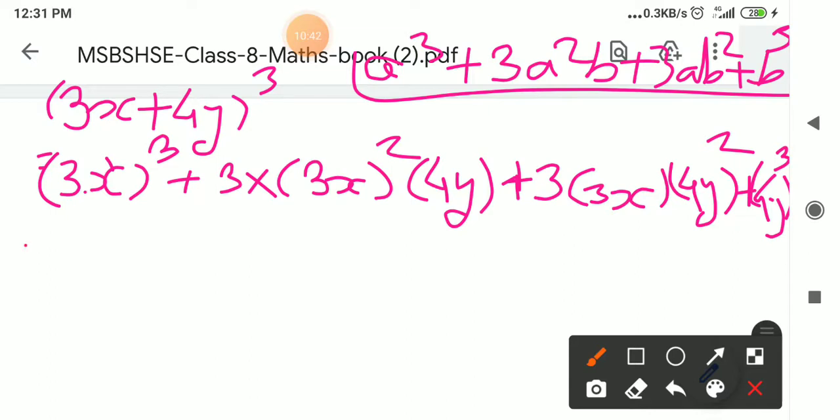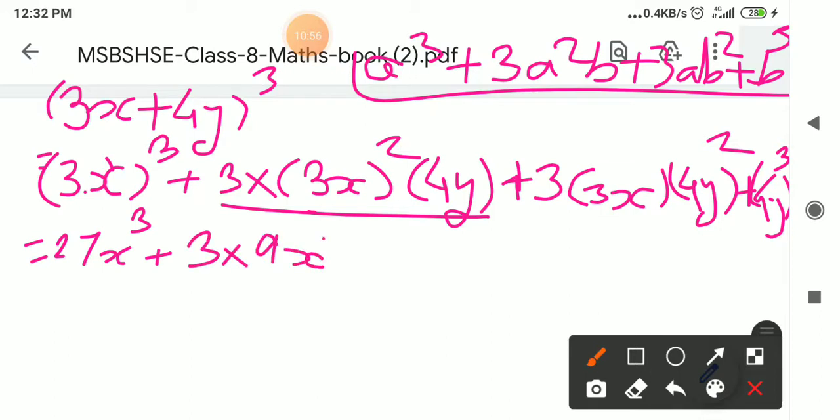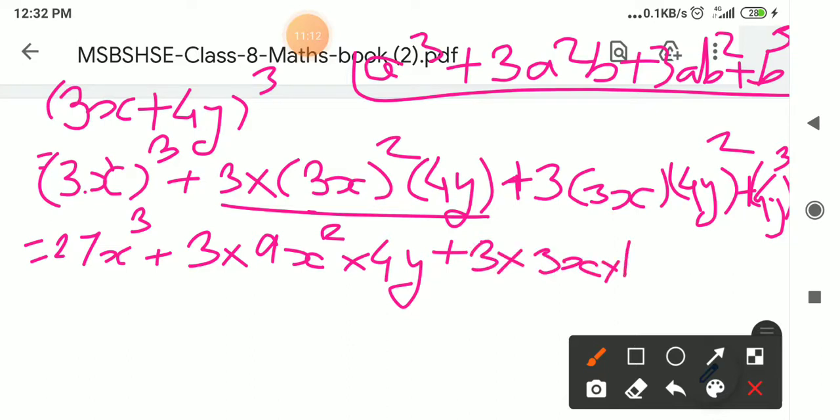So let us solve this example. 3 cube is 27, x cube, plus. 3 square is 9, so 3 into 9x square into 4y, plus 3 into 3x, 4 square is 16, y square, and 4 cube is 4 4s are 16, 16 4s are 64, y cube.